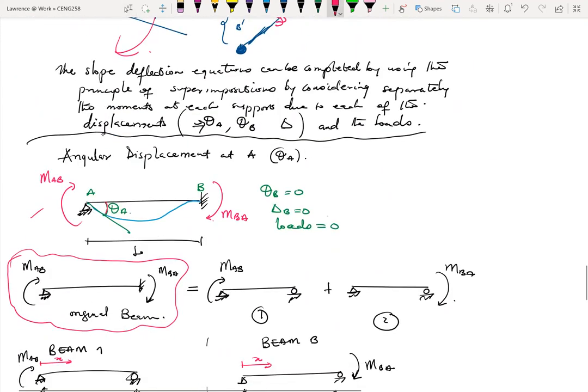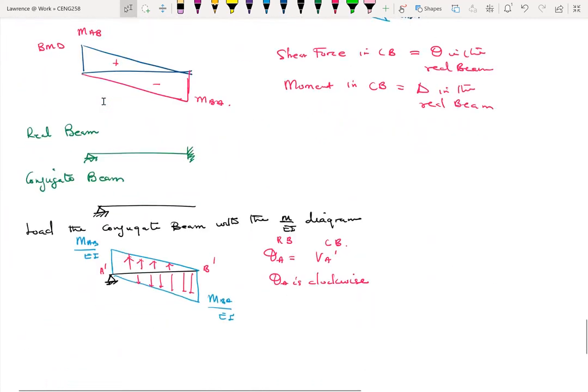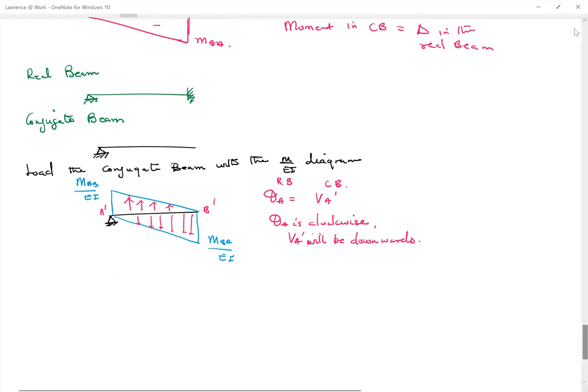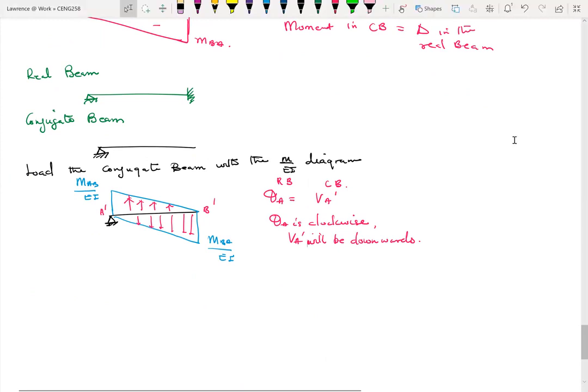Because theta A is clockwise, it means that VA prime will be downwards. Okay, these are things that we have already established. So VA will be downwards.